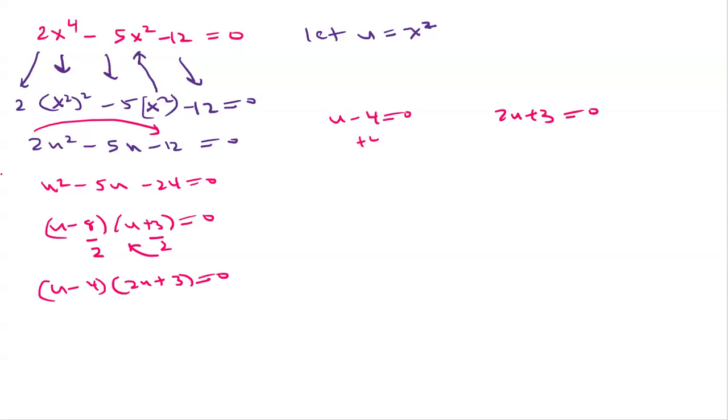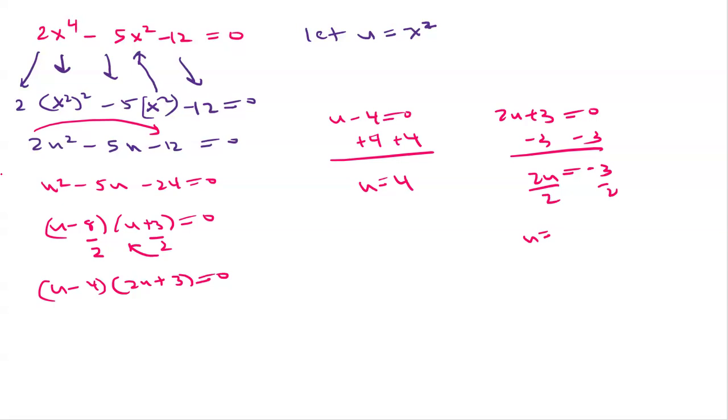So we're going to add 4 here, and we get u is equal to 4, and then we're going to subtract 3 and divide by 2. So u gives us negative 3 over 2. Again, we have to be careful here, because that's not our final answer.